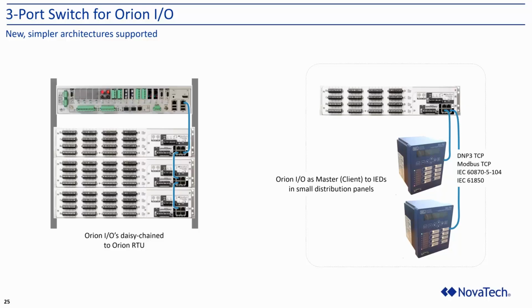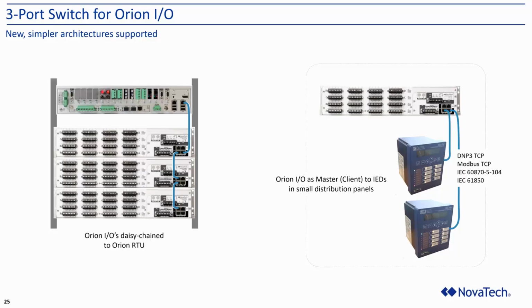Another application where that unmanaged switch comes in really handy is if you're using the Orion I/O in a client application where it's talking to a device. Like I mentioned earlier, it has protocols like DNP, Modbus, and IEC61850 that you could use to talk to other IEDs and protection devices, or if you're in a transfer monitor situation, you could put that Orion I/O there and talk to a device or two.